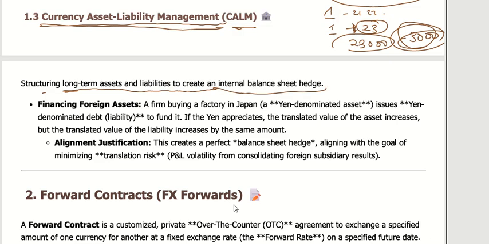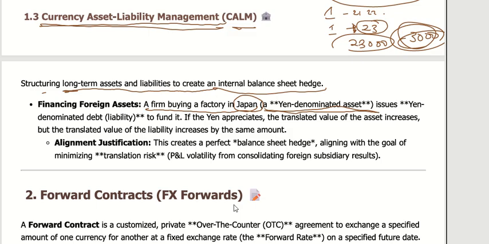Okay, a good example, very clear here, is, imagine you are a firm who is trying to buy maybe a factory in Japan, and you know that if you're going to buy a factory in Japan, it will be denominated in the yen, the Japanese yen.